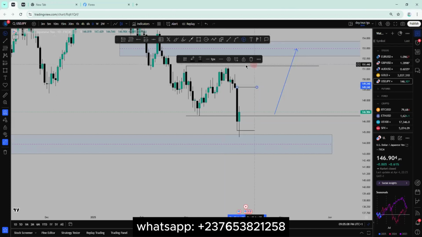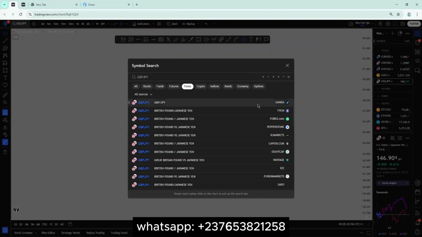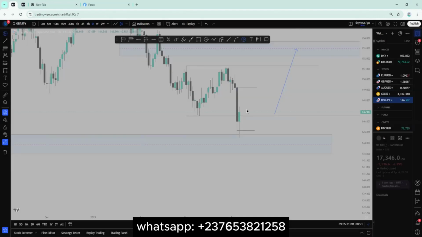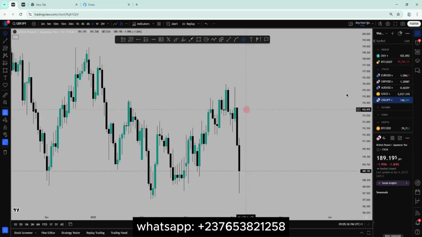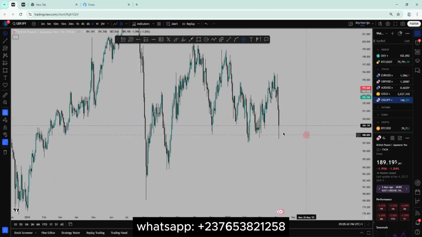Let's look at GBP JPY. GBP JPY has dropped really much, but we haven't taken out this liquidity here.